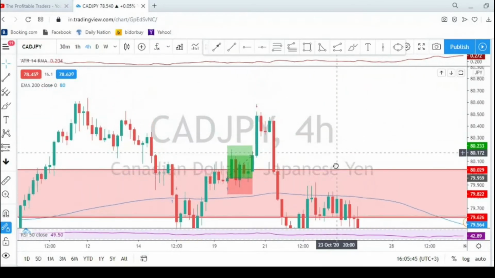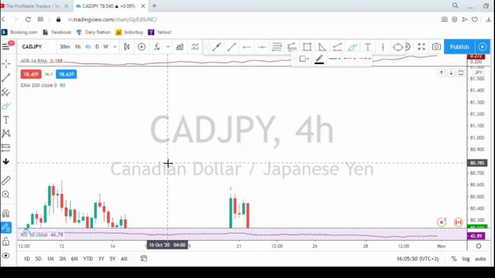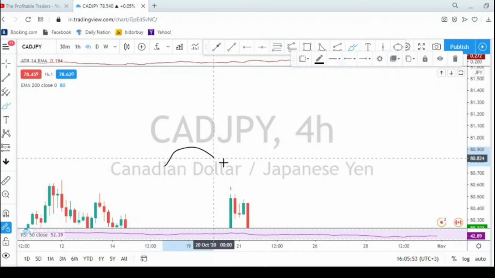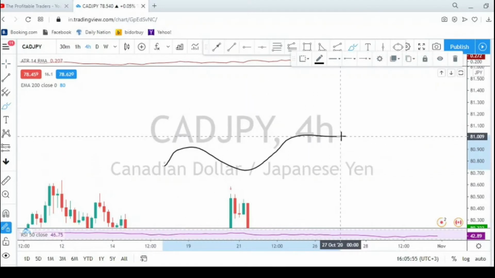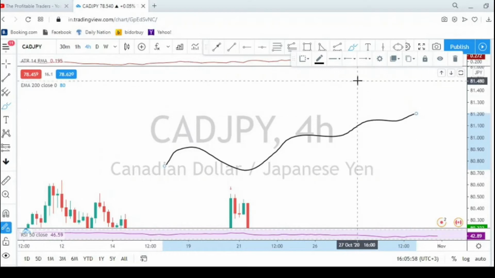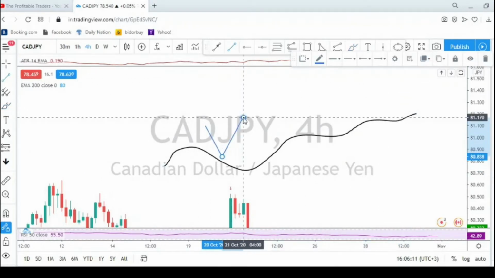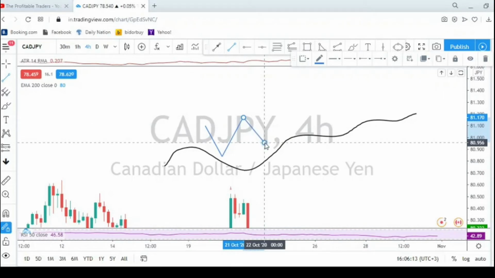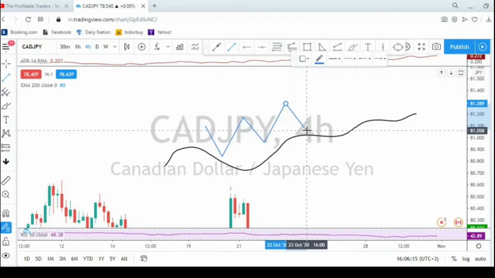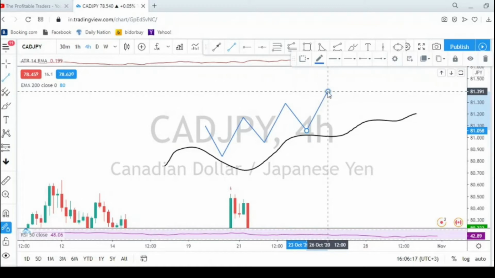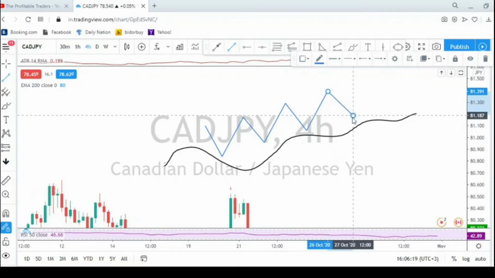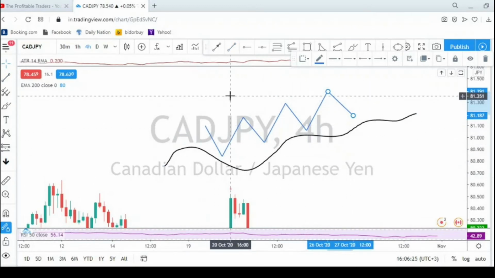After everything's been set, let's say you have a moving average which is like this. This is your moving average, and you have a market that is making higher highs and higher lows, with pullbacks, and this pullback does not close below this 200 EMA.